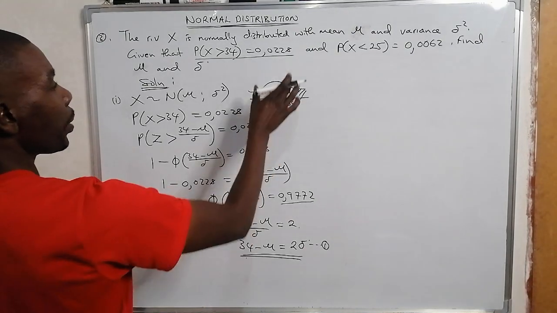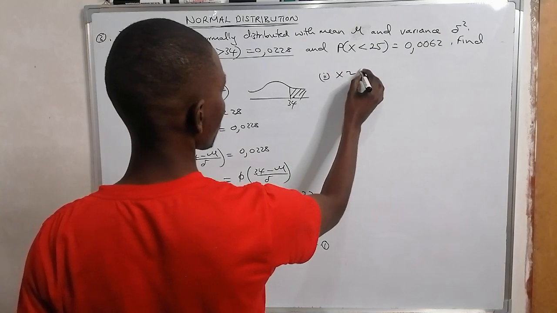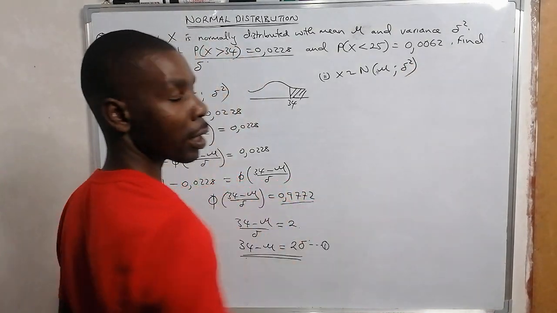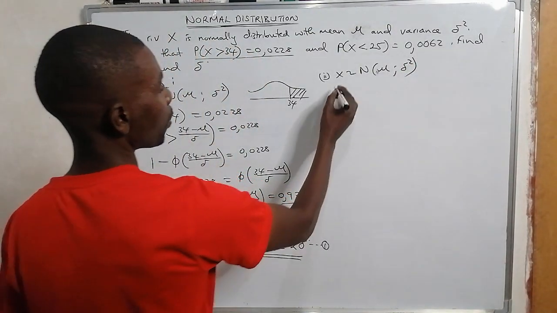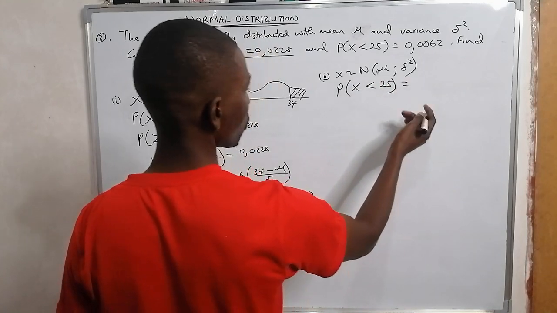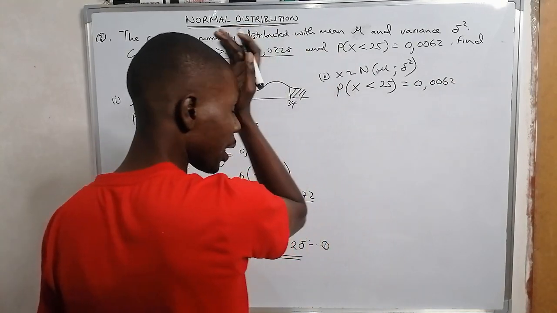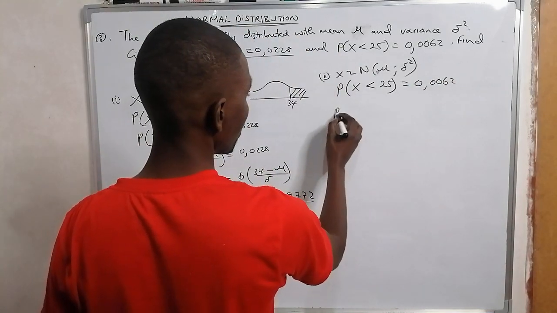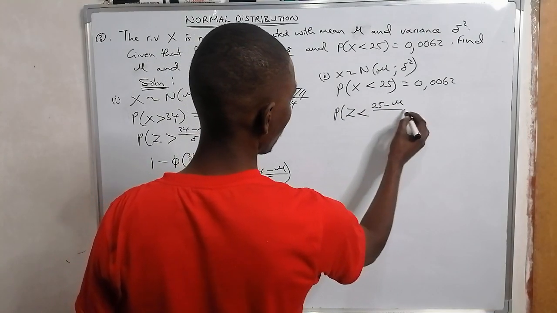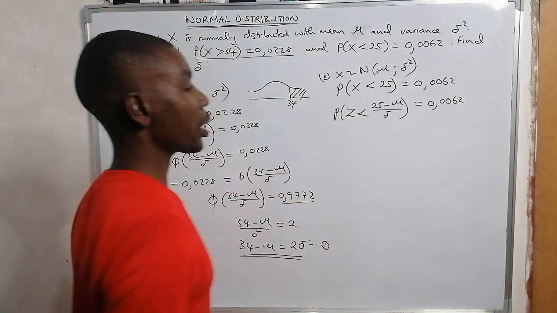So another part, we also have x follows a normal distribution with mean mu and variance sigma squared. Therefore, P of x is less than 25 is equal to 0.0062. This one can be written as P of z is less than 25 minus mu all over sigma is equal to 0.0062, right?